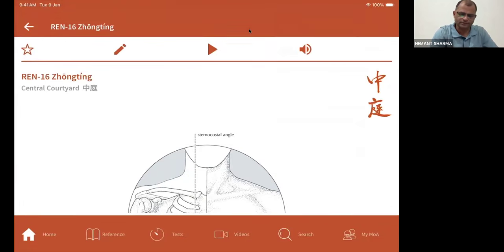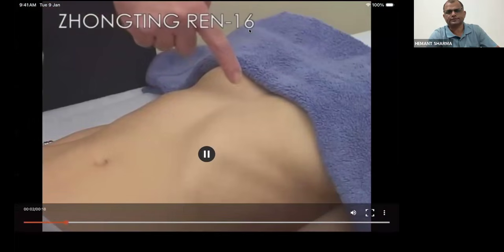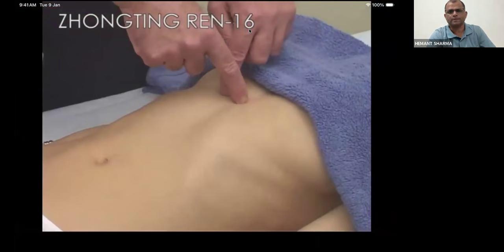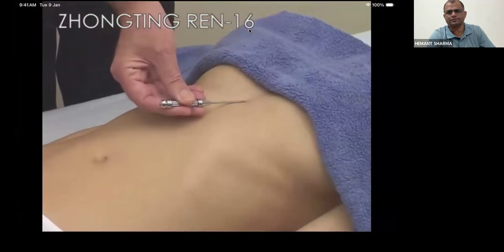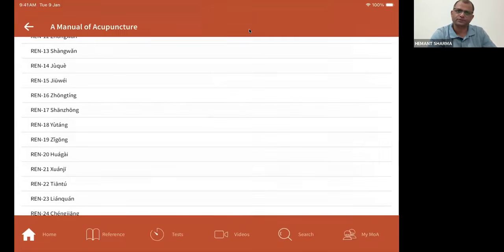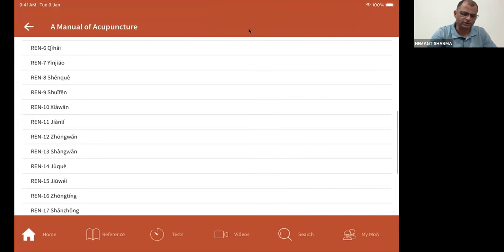Now I am going to the area just below the sternum bone. I can feel that slight depression where the sternum bone is ending. This is the lower area of the sternum, the xiphoid process of the sternum. This is CV16.